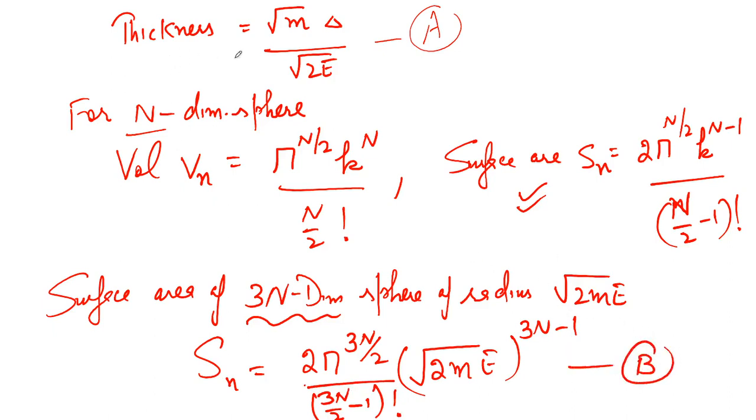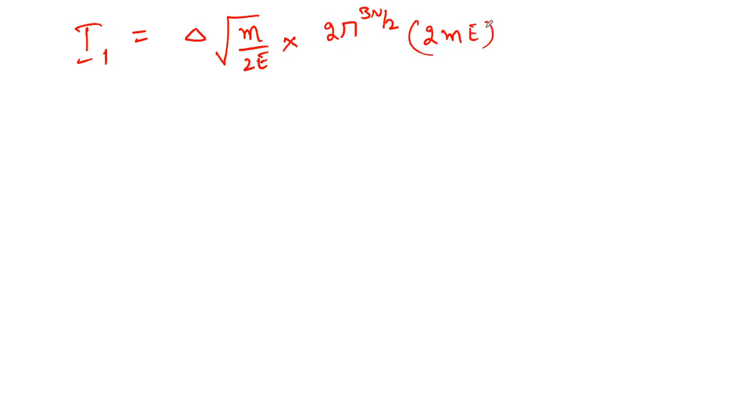So putting the value of A and B, in order to find the value of this whole integration term I1, I1 comes out to be delta under root of m over 2e multiplied by 2 pi to the power 3n by 2, (2me) to the power 3n minus 1 over 2, over 3n by 2 minus 1 factorial.